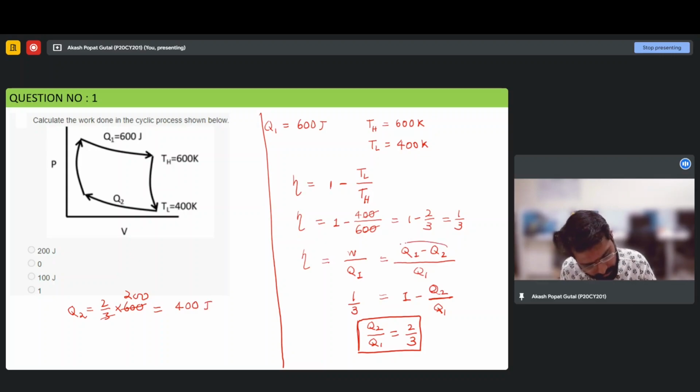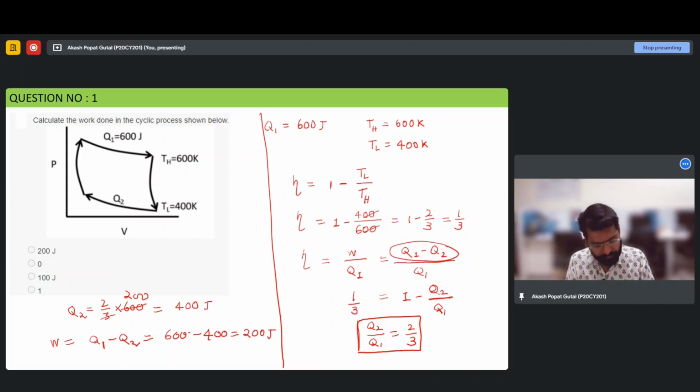And we know the work done is nothing but Q1 minus Q2. It's nothing but 600 minus 400, which gives us 200 joules. Right? The answer is option number first.